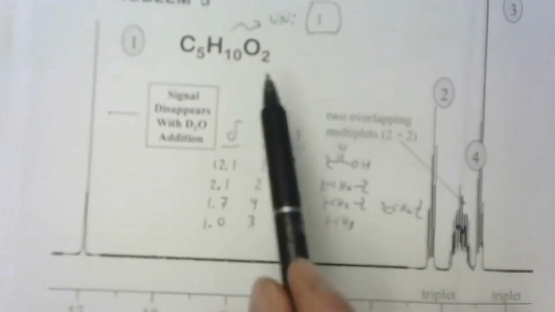With that, and what was our UN again? UN was 1. Oh, well, there's that. No mystery here, right? Usually, right about now, we have to scratch our head until we figure out which mystery functional group we got. But we didn't have to do any head scratching here because of the 12. The 12 really gave it away.